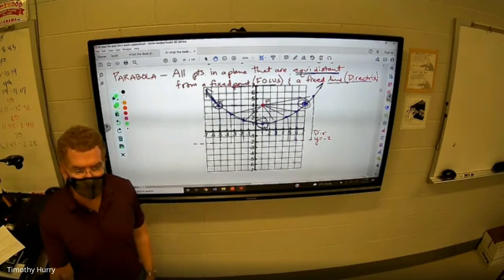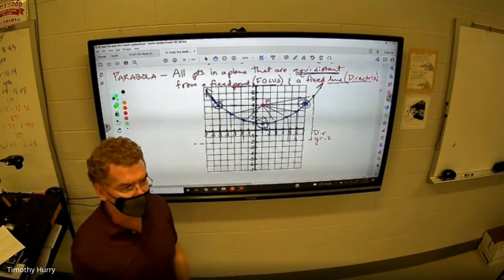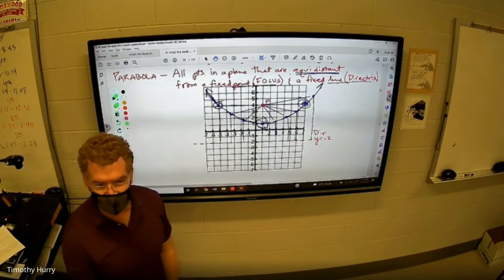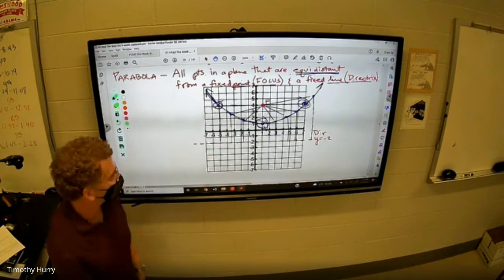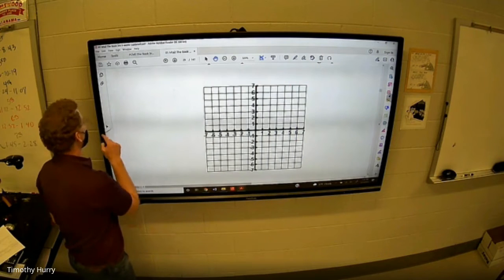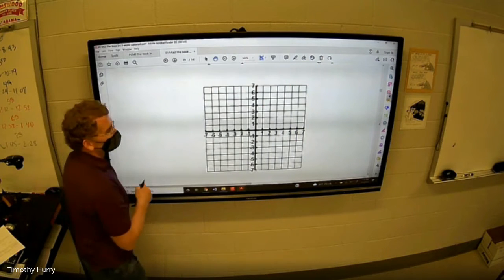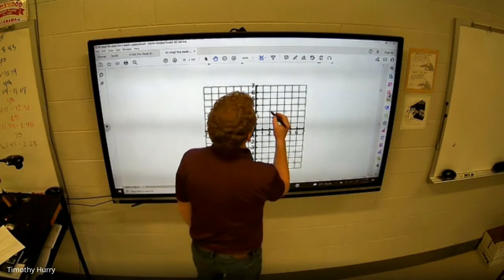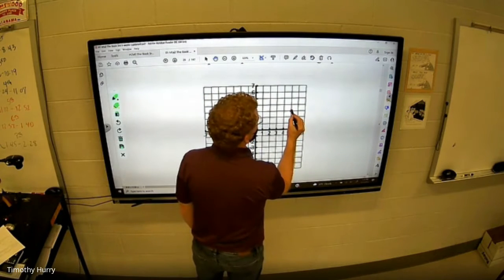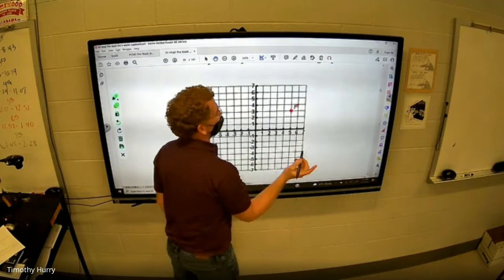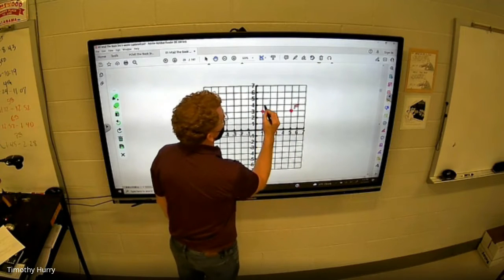So if I ever give you information, you've got to be able to figure out what that directrix is, but don't make this very common mistake. All the time, I see people, let's just say I gave you the focus, and you say, all right, here's the focus. And then I give you a vertex, and I say, all right, there's a vertex. You get that.